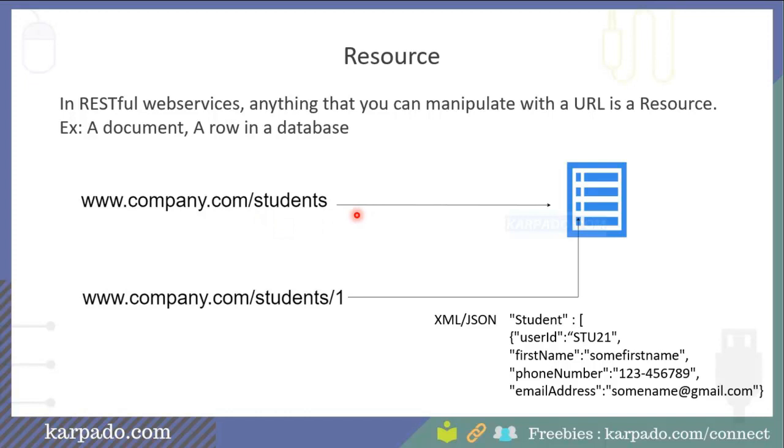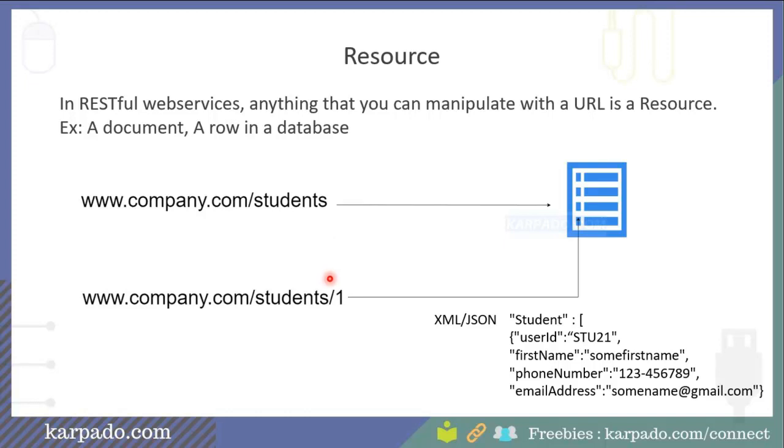Ultimately, it would retrieve all the students in the form of either XML or JSON. The data would look something like this if it is in JSON, and then would be sent back to the client. Depending on the client, it could be a server, it could be a JavaScript technology, etc. Whatever it is, ultimately it's going to consume that data and do whatever it wants to do.